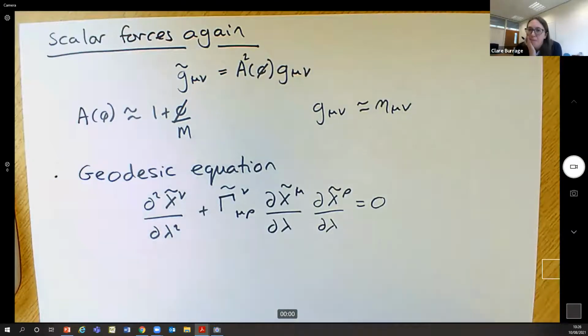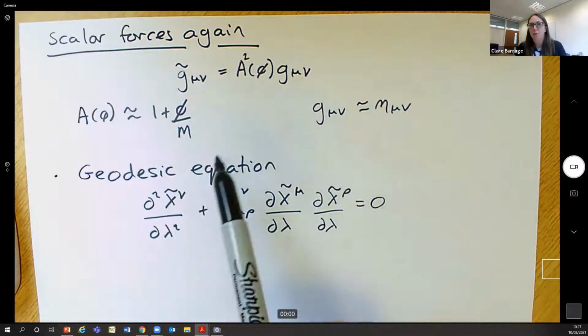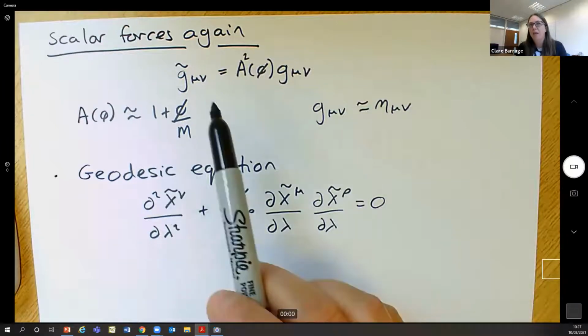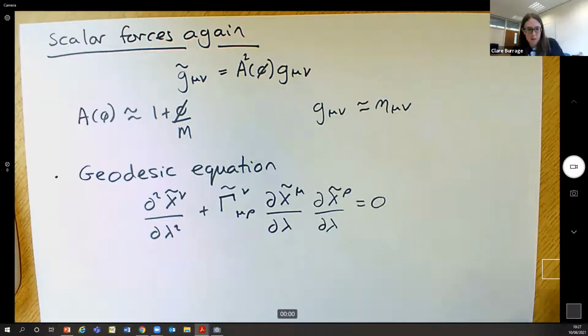For the moment, that's just for ease, to show you how the scalar field comes in here, to not have to repeat the standard gravitational calculation as well. But actually in a lot of the situations we're going to be interested in, this is a reasonable approximation, and maybe our scalar field couples to matter a bit more strongly than gravity, and that's why we can include the effects of the scalar field whilst still ignoring the gravitational correction.